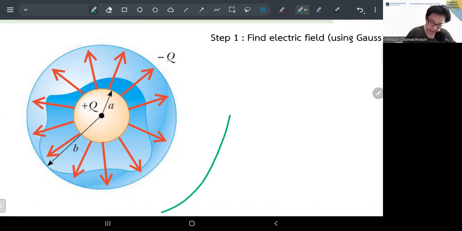I draw this one roughly here. If you build a Gaussian sphere outside, and you do just what we did like 5 times in the previous lecture, and calculate the electric field on that green sphere, that will be 0 again, because the net charge inside this Gaussian sphere is 0. Does that make sense? Okay.